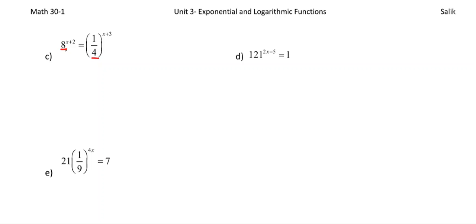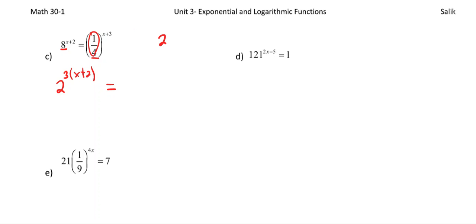So let's rewrite the 8 as 2 to the power of 3 times x plus 2. And then that's equal to, all right, so then 1 over 4, here, just over on the side here, that'd be the same thing as 2 to the power of what?